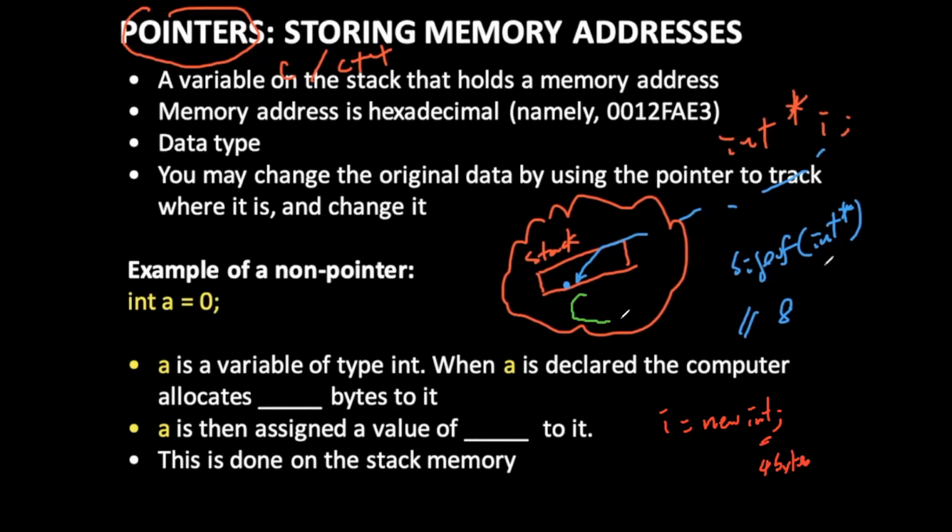This dynamically allocated space on the heap is located in this green box, and these 4 bytes sit in there where this new integer is located with, for the sake of illustration, an address FA2. This means that the integer pointer i now has the memory address of this newly created integer on the heap. When you cout i, the value of this pointer should give you FA2.